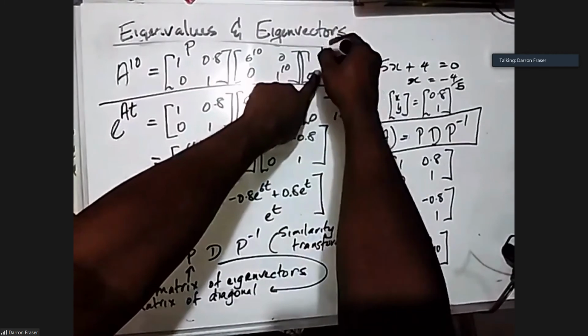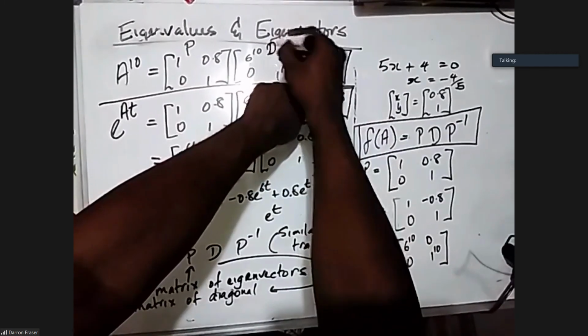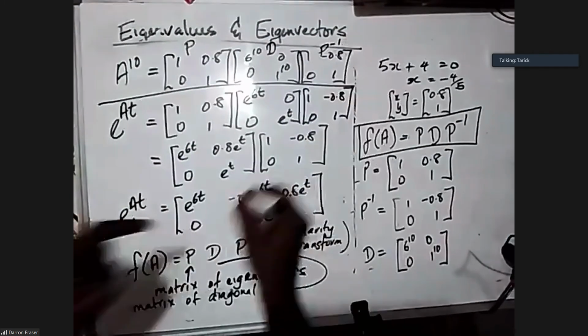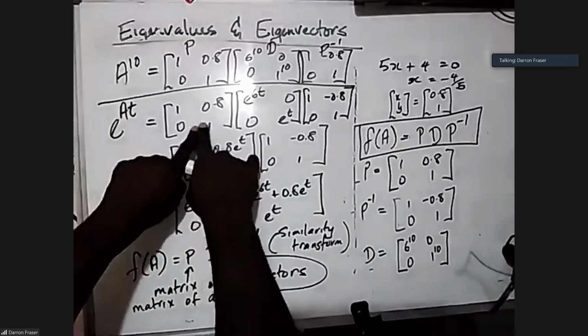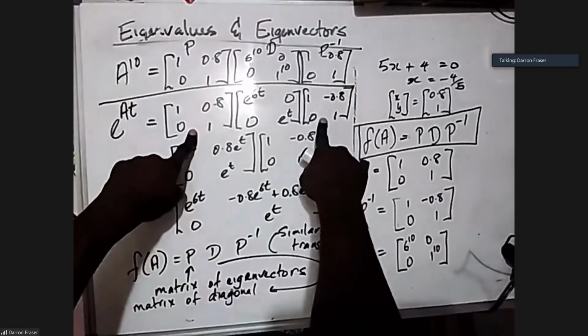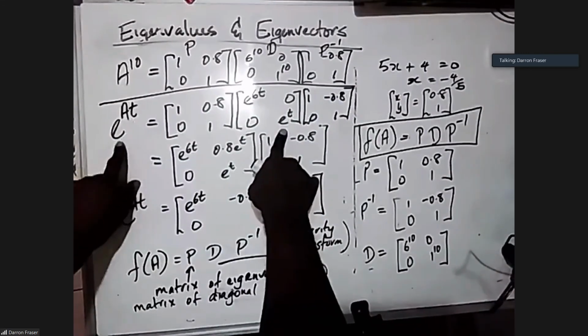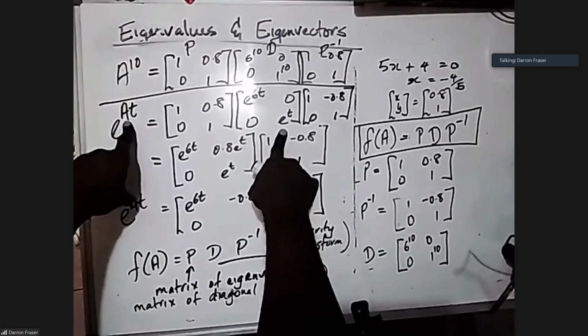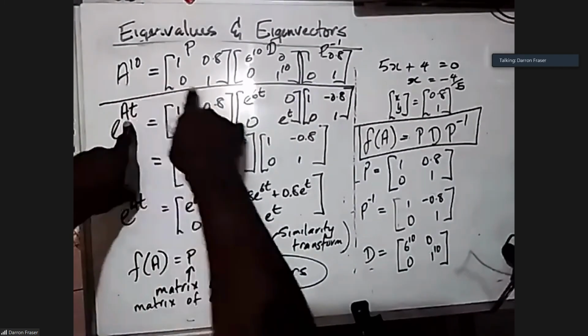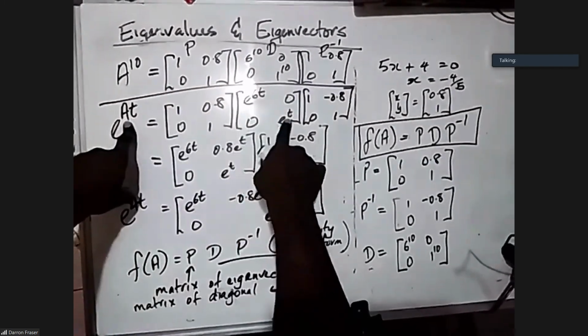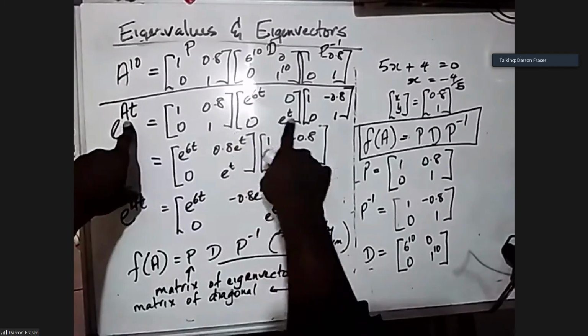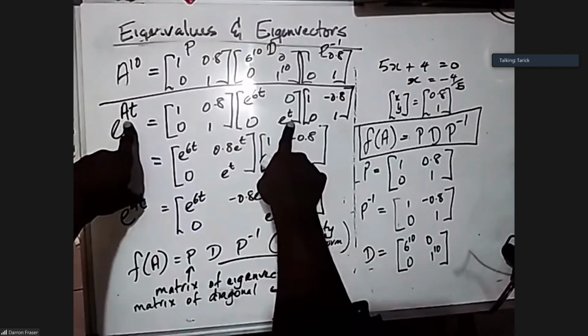And then this is P inverse. And then e to the At now is P, same P, and same P inverse. But now the diagonal matrix is made up of the function again. And we replace A, notice in both cases, by the eigenvalue. So 6 in the first one and 1 in the second one. Okay, sir. Gotcha.